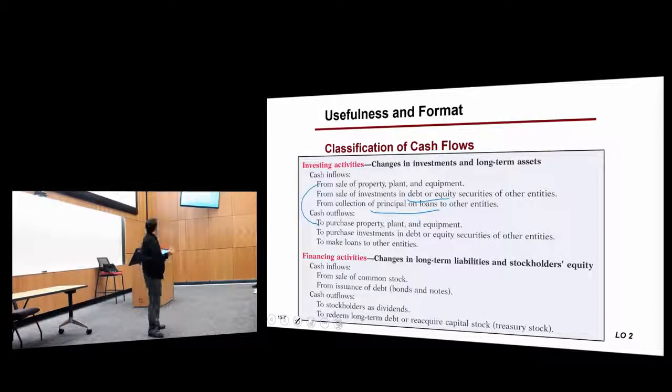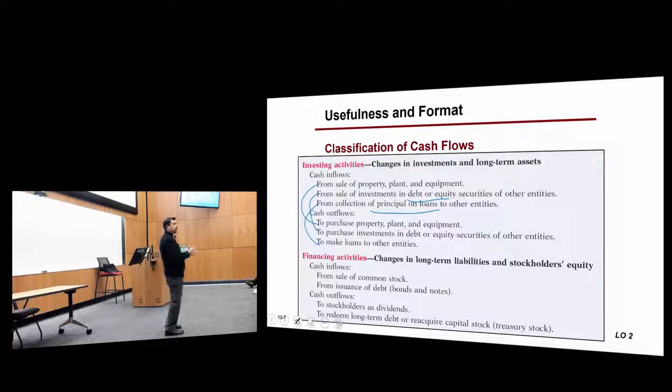So when they receive the principal amounts that they lent to someone else. When they give a loan to someone else, this is when they will be paying cash. So this is the cash outflow. Again, those are opposite to each other.